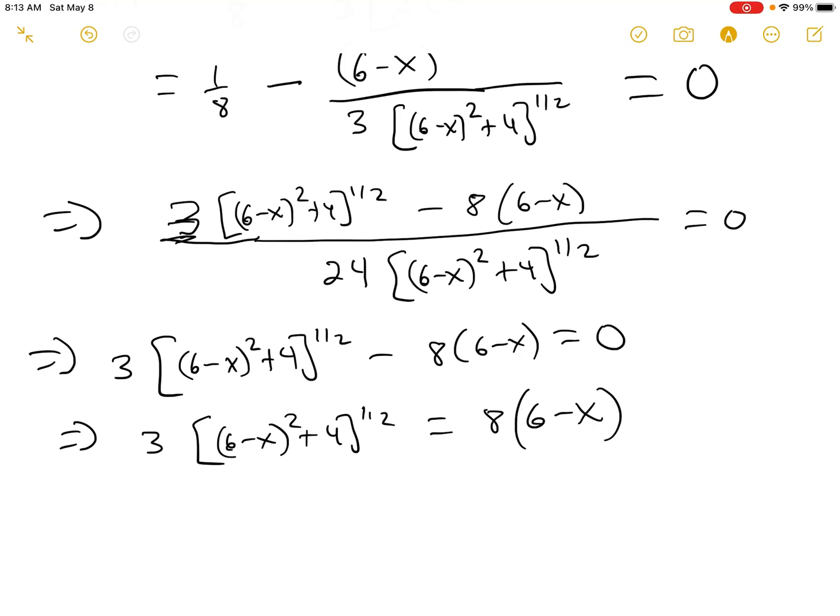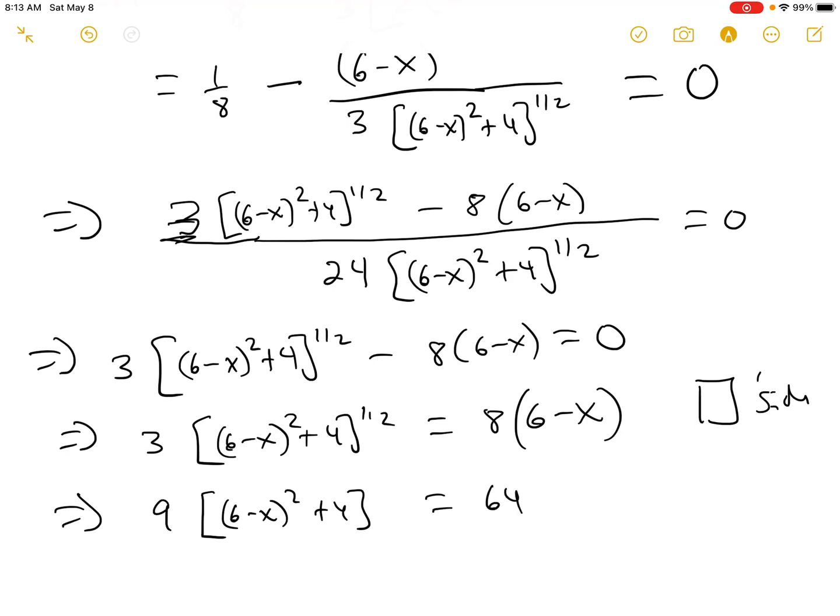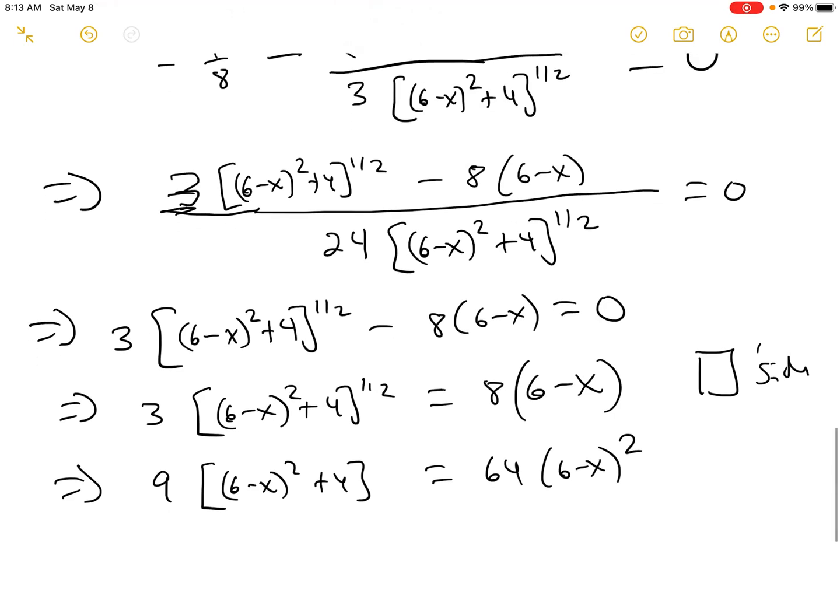Right? And then square both sides. That kills the radical. So this is 9 times this guy now, but there's no radical, and this is 64 times (6 minus x) quantity squared. So we squared both sides of the equation, which killed the radical.